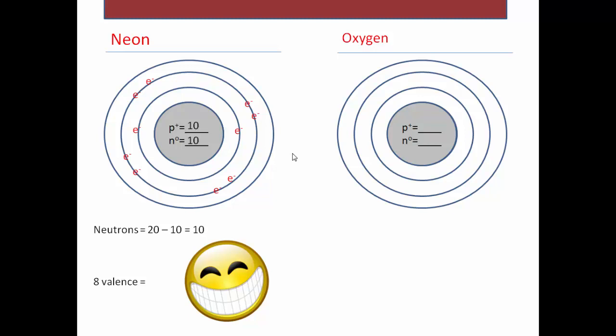So let's talk about oxygen. Oh, oxygen, it's got 8 protons. That seems like a good sign. Let's figure out its number of neutrons. Neutrons are 16 minus 8. That's 8 neutrons. And now let's figure out the electrons. Remember, we're going to go inside out. And how many electrons do we need if we have 8 protons? Yep, it's 8. So let's add them in. 1, 2, 3, 4, 5, 6, 7, 8.